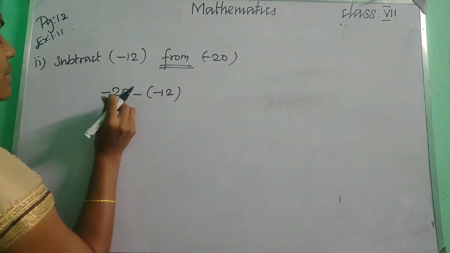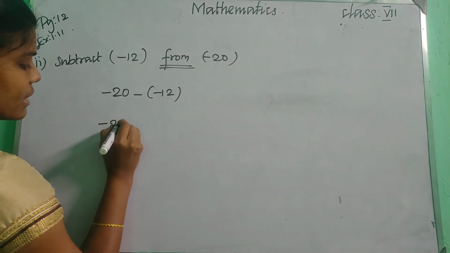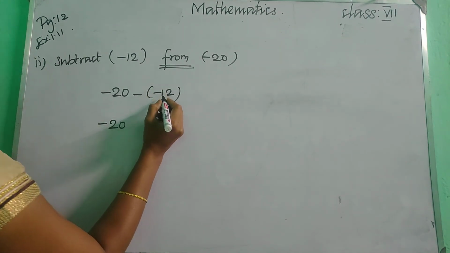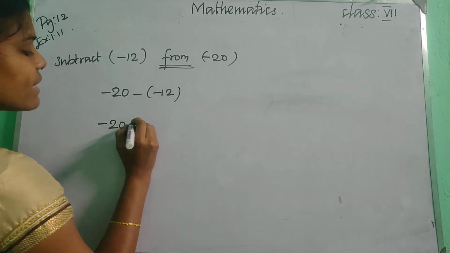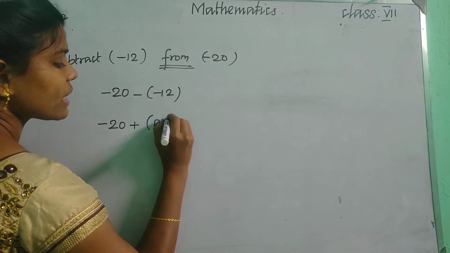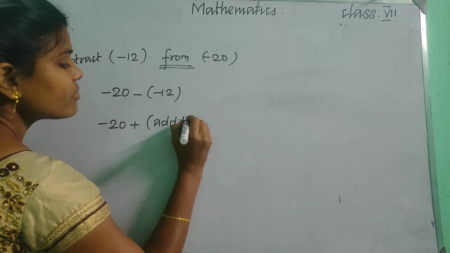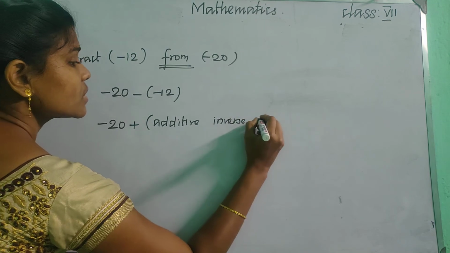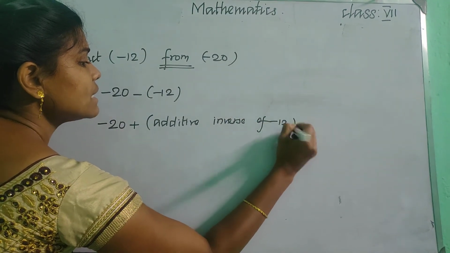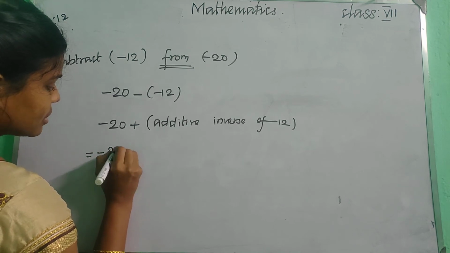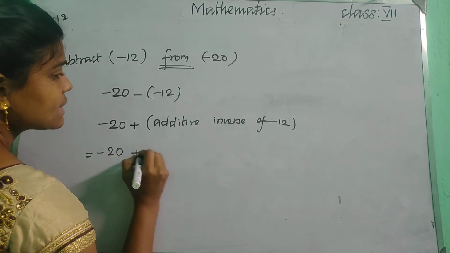First of all, we need to write the same term minus 20. Now we are having minus and plus here, so simply we can write plus, and what will you write? Additive inverse of minus 12. So what is the additive inverse of minus 12? Additive inverse of minus 12 is 12. So the answer will become minus 20 plus 12.